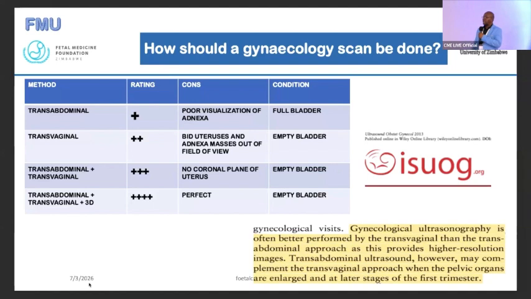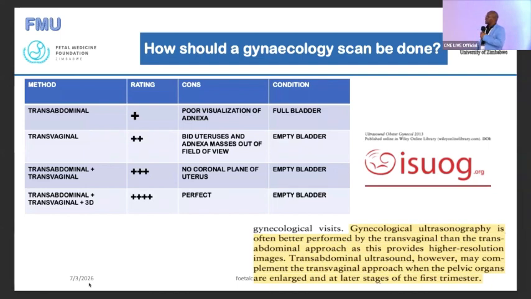So it's not very appropriate for women with huge uteruses. A combination of the two is rated 3. However, there's no coronal plane of view of the uterus. We need an empty bladder for that.